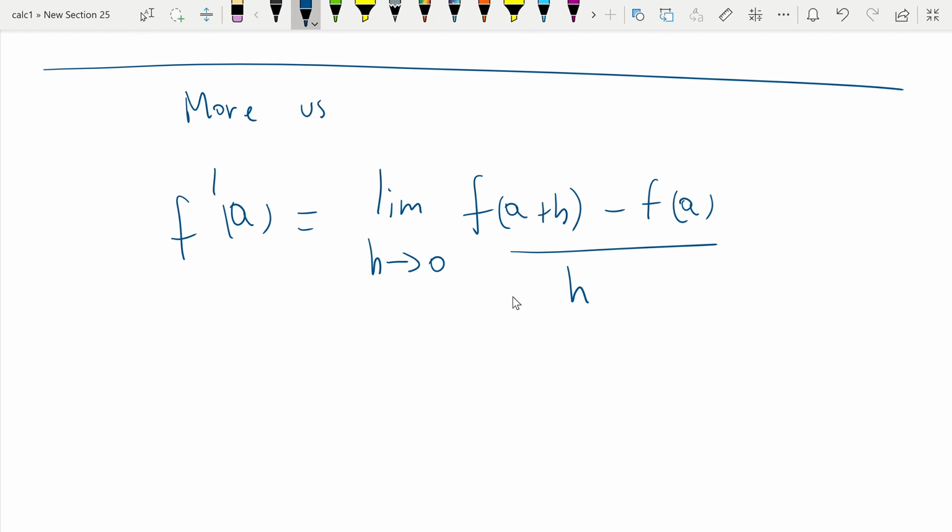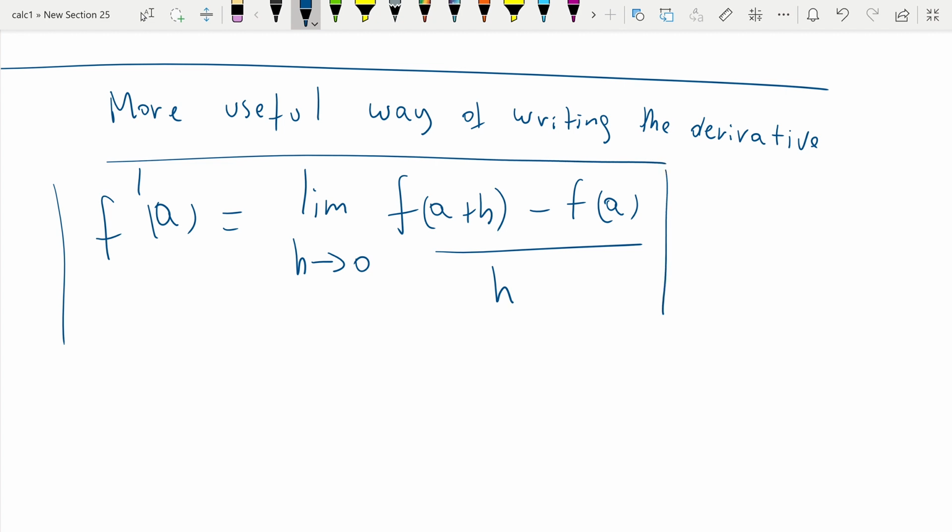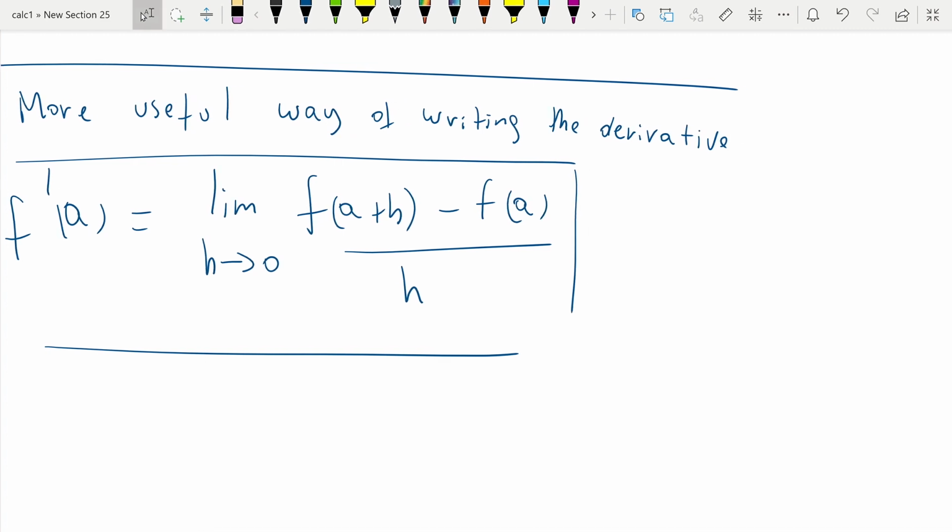So this is perhaps a more useful way of writing the definition of the derivative.